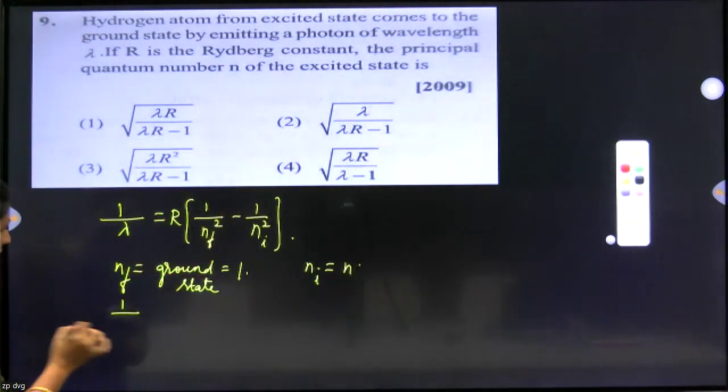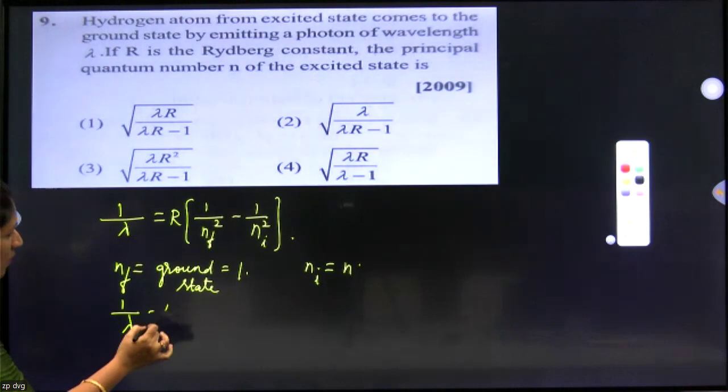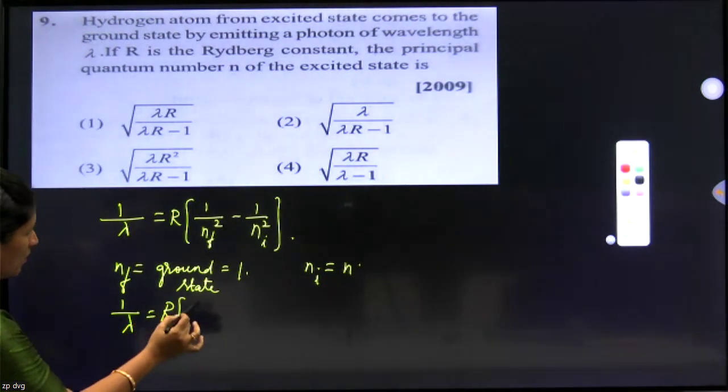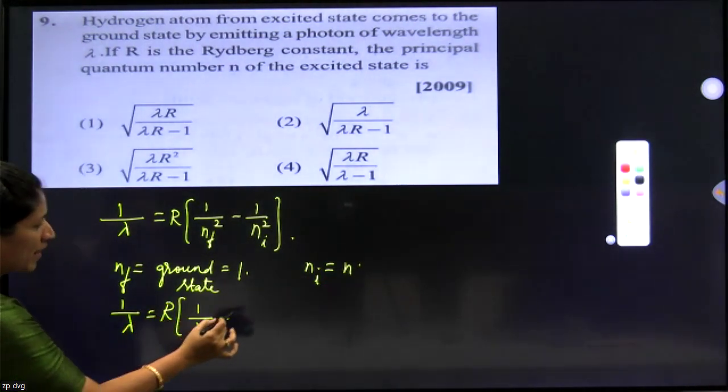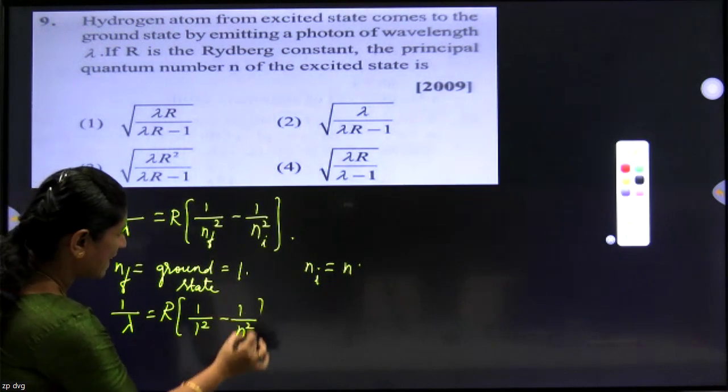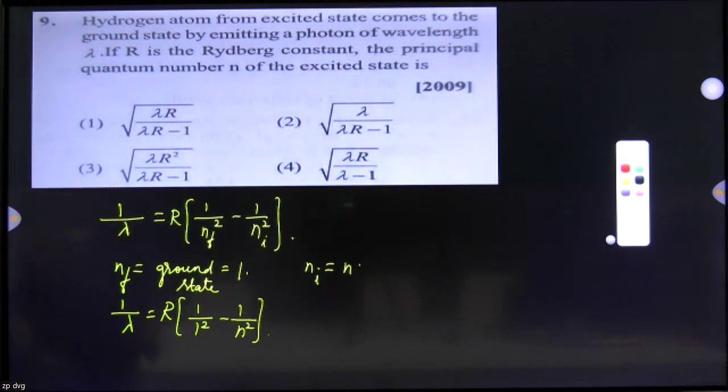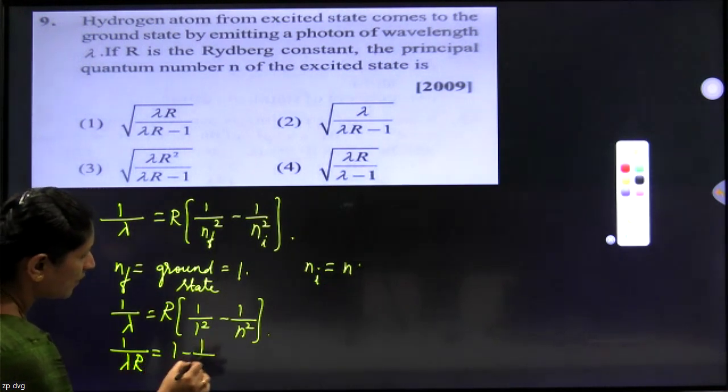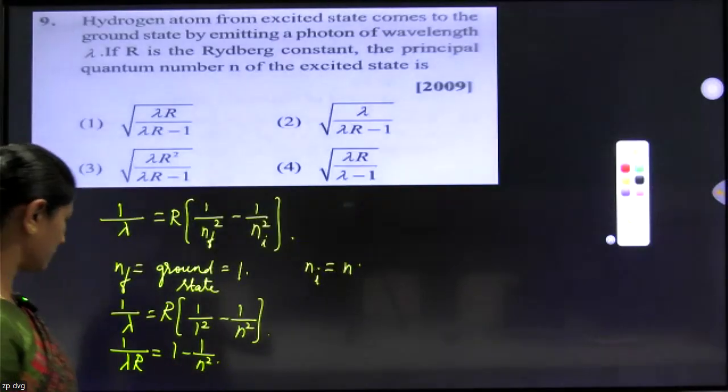So 1/λ = R(1/1² − 1/n²). This can be written as 1/(λR) = 1 − 1/n².